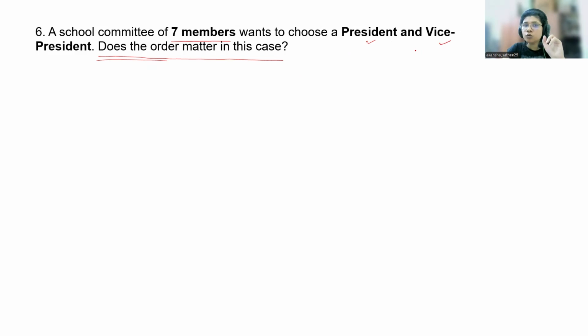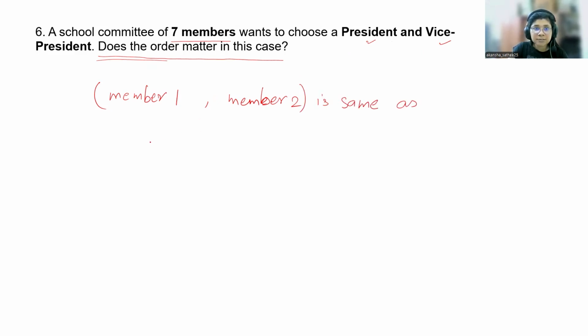So basically you want to choose 2 members from a committee of 7 members. But now the question is, selecting member 1, comma, member 2 as one group is the same as selecting member 2, comma, member 1. Just think about it.